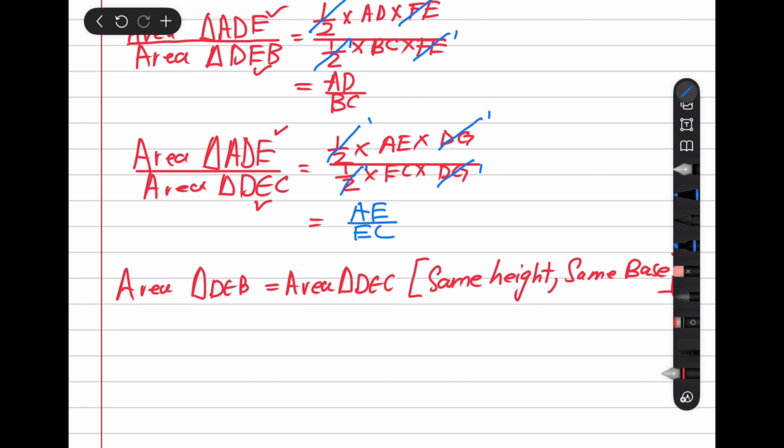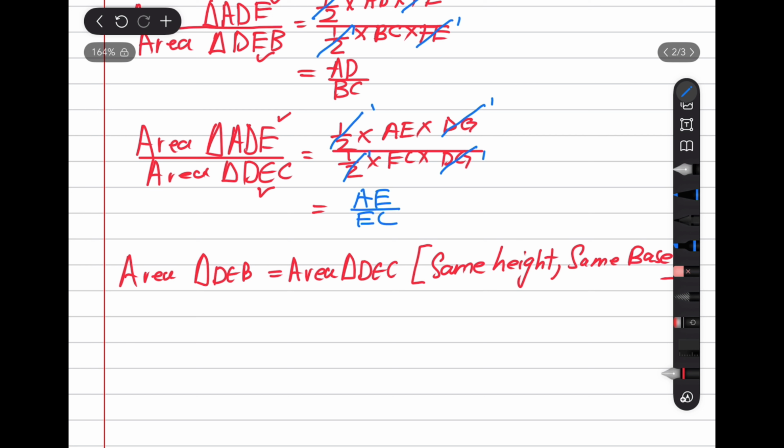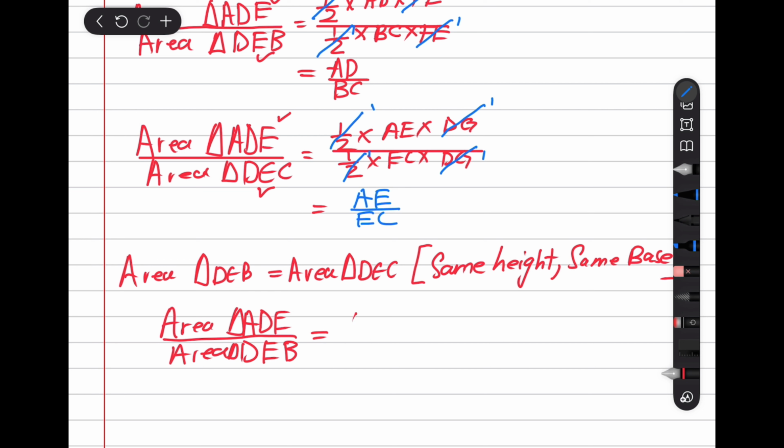We are now going to conclude that since DEB and DEC are equal, the ratio of the area of triangle ADE over the area of triangle DEB is going to be exactly the same as the area of triangle ADE all over the area of triangle DEC.